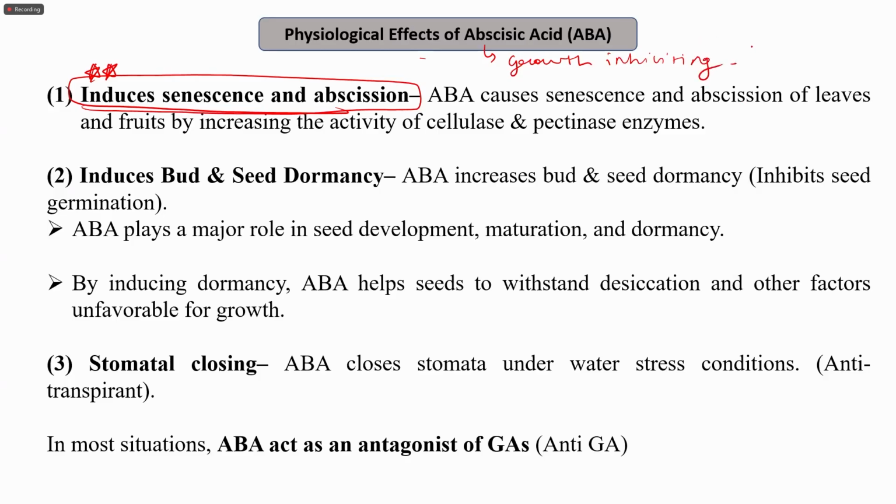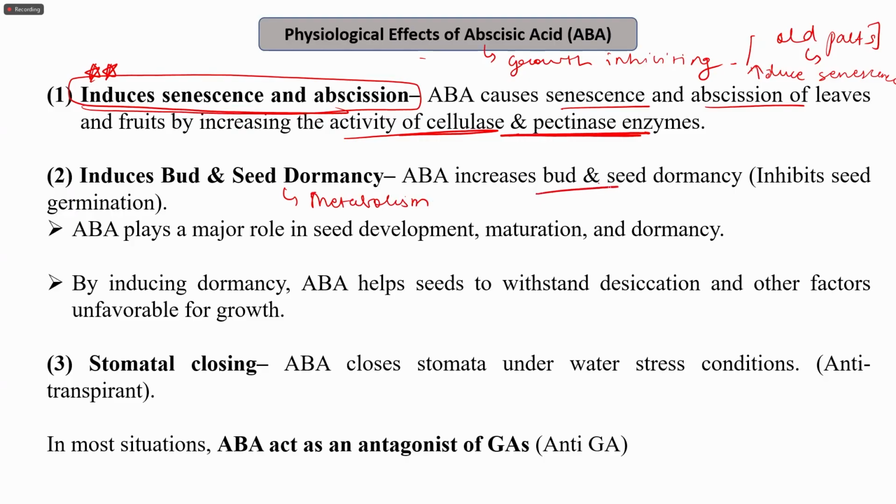And it mainly acts on the old parts of the plant, inducing senescence. ABA causes senescence and abscission of leaves and fruits by increasing the activity of cellulase and pectinase enzymes. It induces bud and seed dormancy. We know it affects the metabolism.